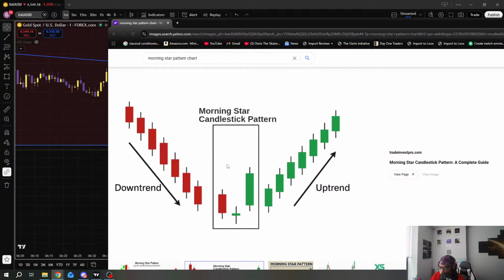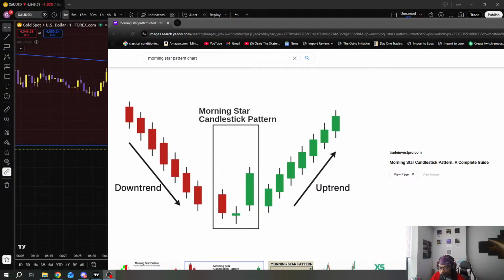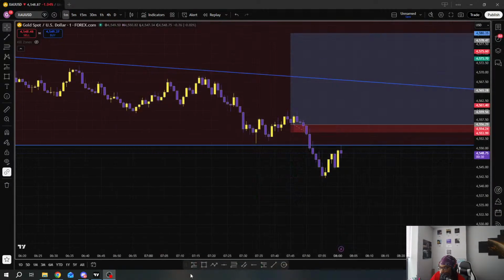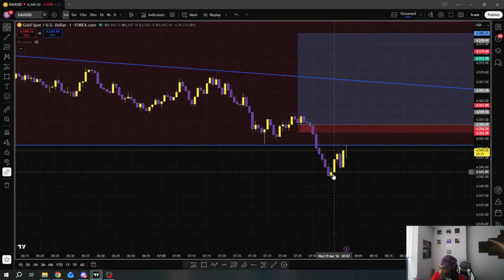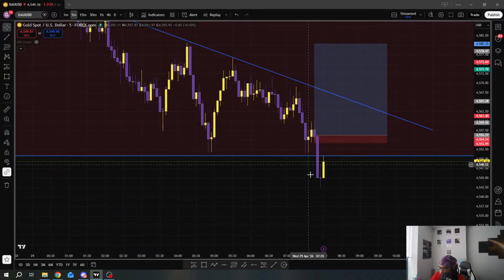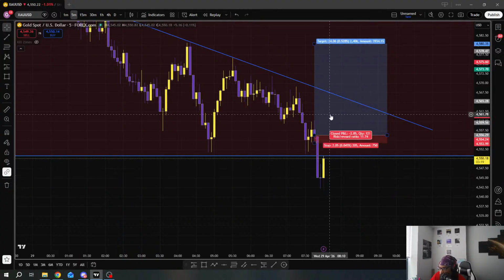Y'all should be able to see that. Downtrend, nice candle, doji, engulfing, uptrend. That's called a morning star.